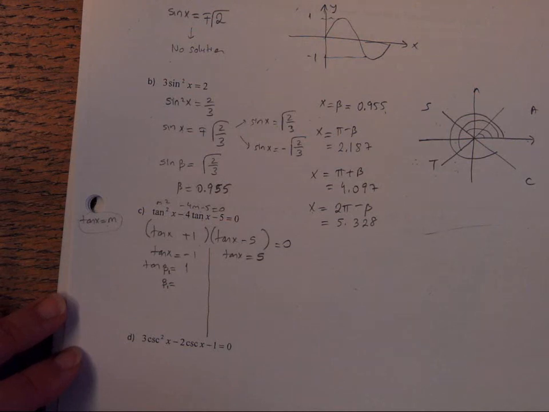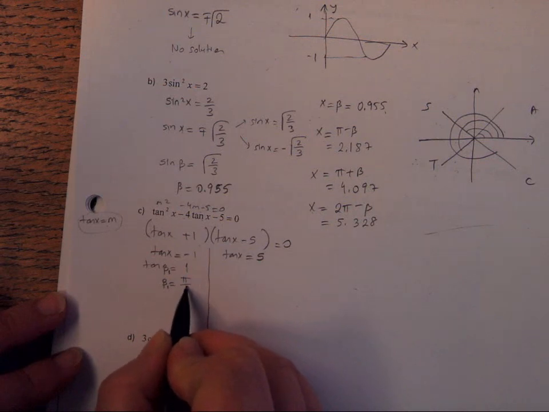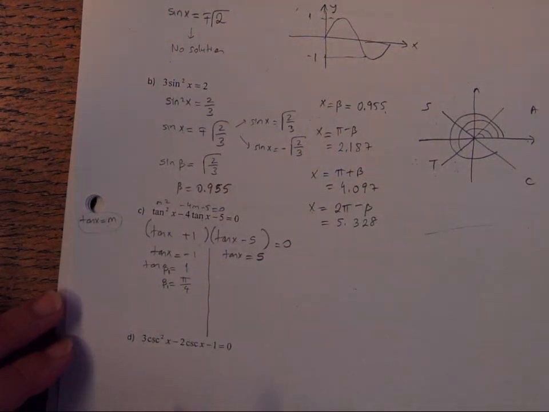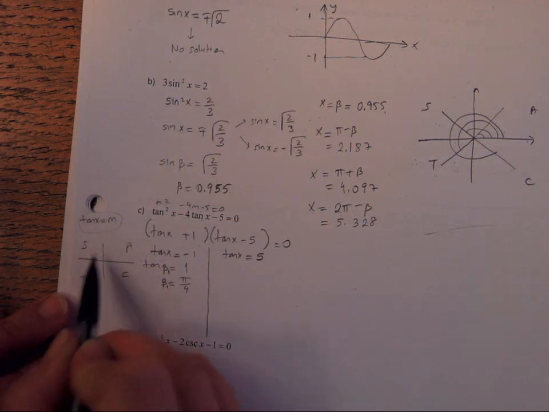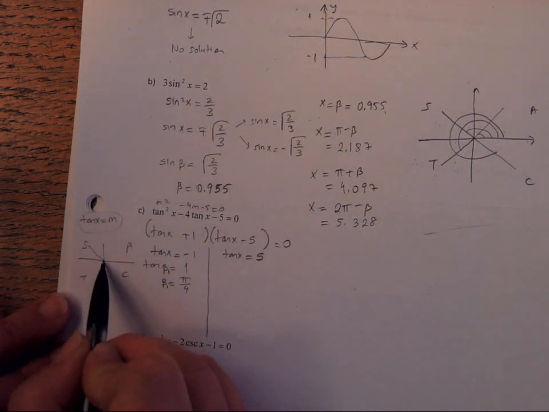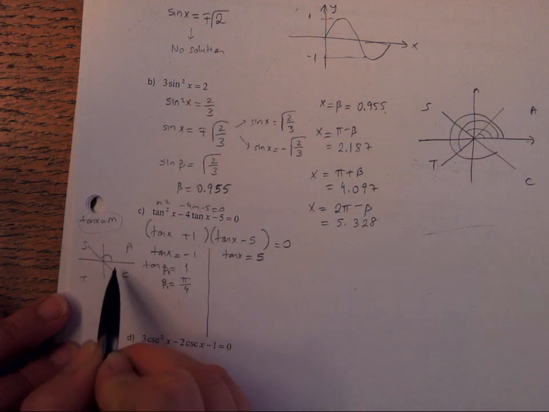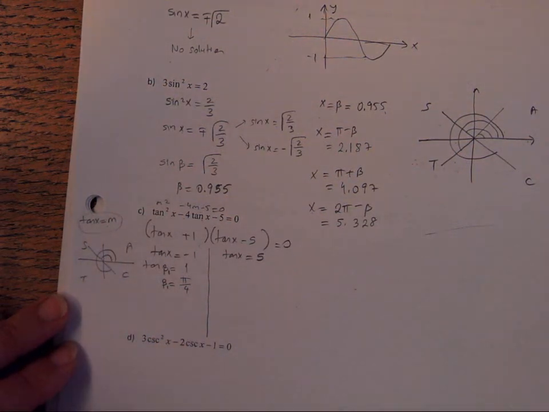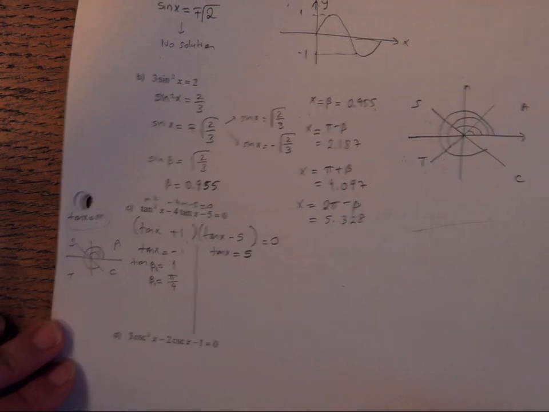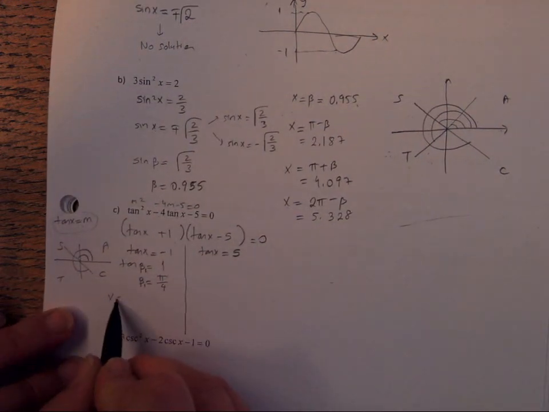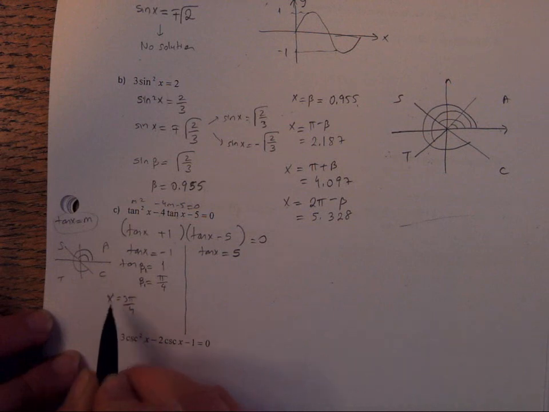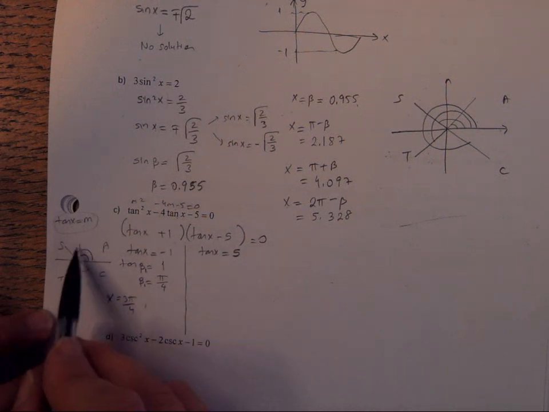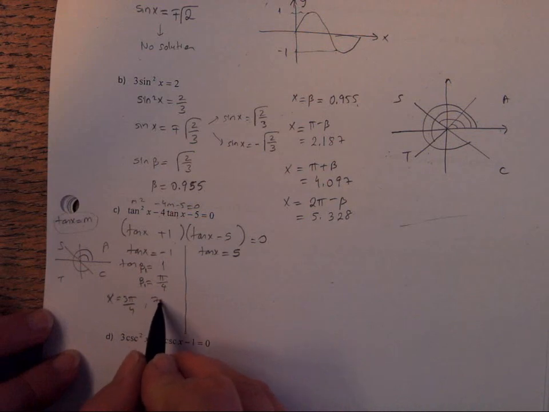There's a special angle, which is 45 degrees or pi over 4, so beta 1 is pi over 4. Then check where tangent is negative: in quadrant 2 and quadrant 4. Then x is going to be pi minus beta, so 3 pi over 4, and 2 pi minus beta, 7 pi over 4.